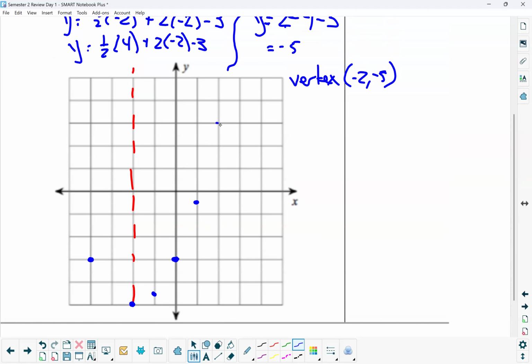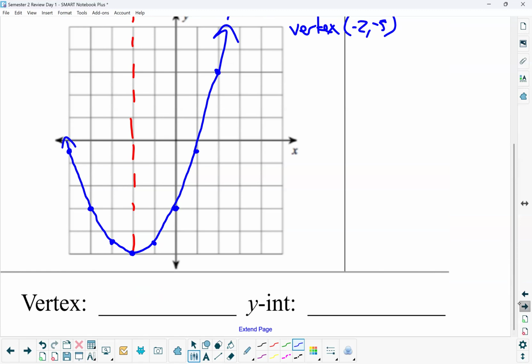And I can't do any more. And then I can actually only graph this point, the mirror image, and this mirror image point. And so my graph is a little bit flatter than our normal parabola. The vertex was at negative 2, negative 5, and the y-intercept was at 0, negative 3.